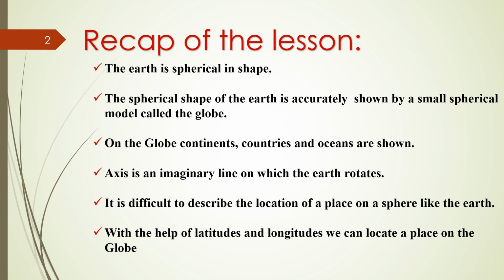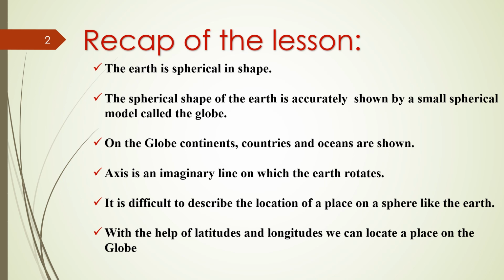On the globe, continents, countries and oceans are shown. We have seen that many imaginary lines are drawn on the globe. Axis is an important imaginary line drawn from north to south of the globe, on which the earth rotates.